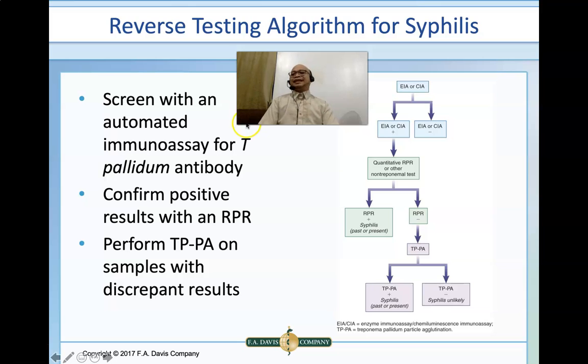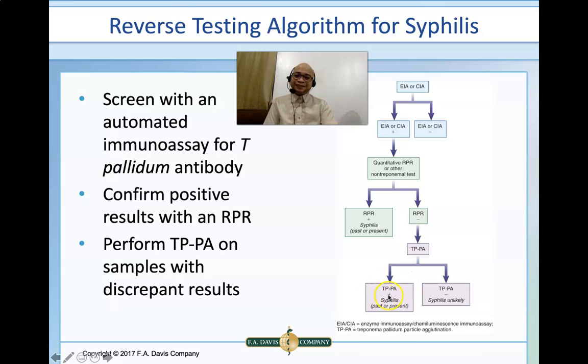Okay, and we also have the so-called reverse testing algorithm for syphilis. What does it mean? It means that we screen first with an automated immunoassay for Treponema pallidum. If it's positive, we do the quantitative RPR or other non-treponemal tests. If that is positive, it means that the person has syphilis, either in the past or presently. But if it's negative, we do the Treponema pallidum particle agglutination.